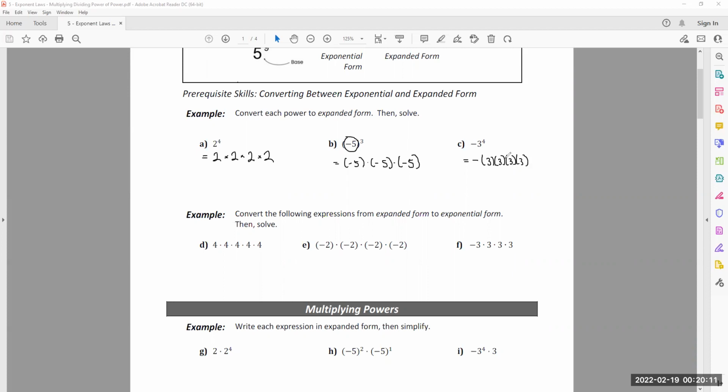Now, this might seem a little bit confusing, but maybe this can help you understand better. This is essentially the same as a -1 being multiplied to a 3 to the power of 4. And if you're multiplying by a 1, does that actually change the entire value?